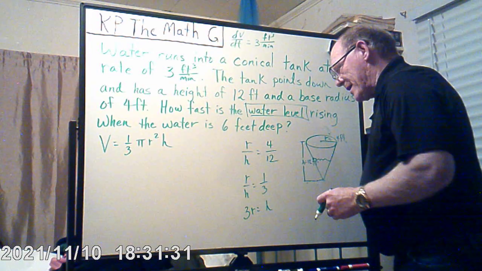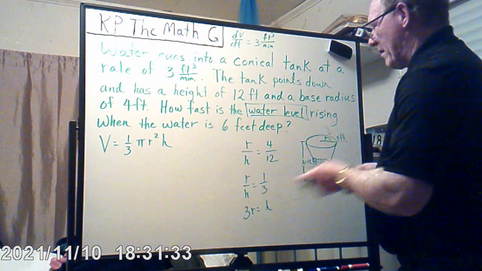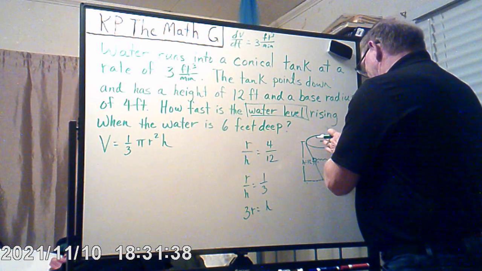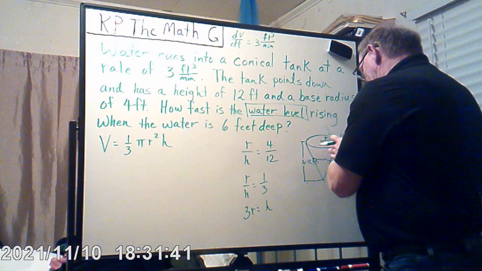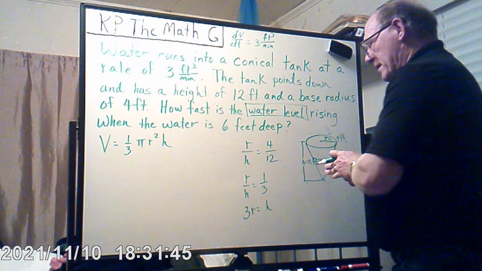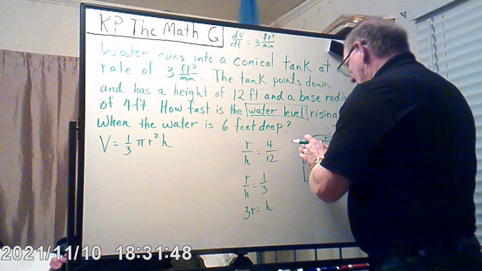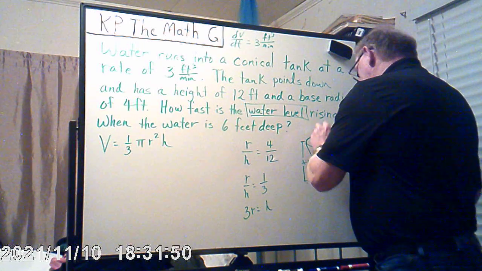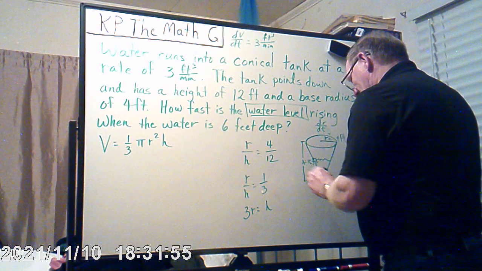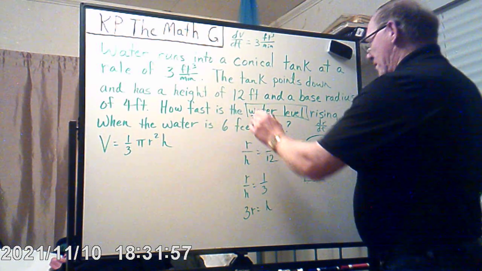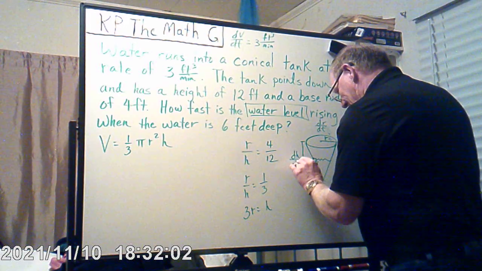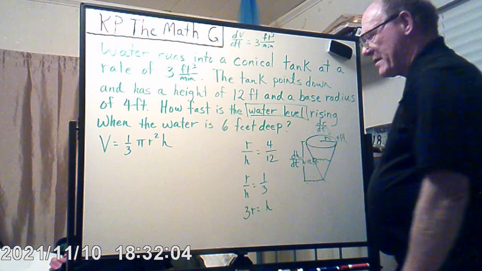Now, depending on what we're looking for, if it did ask for how fast the radius is changing, then we would do dr over dt. In this case, we're looking at the water level, and once again, just like the last problem, it is dH over dt.